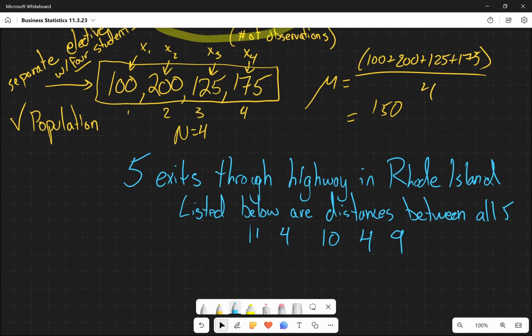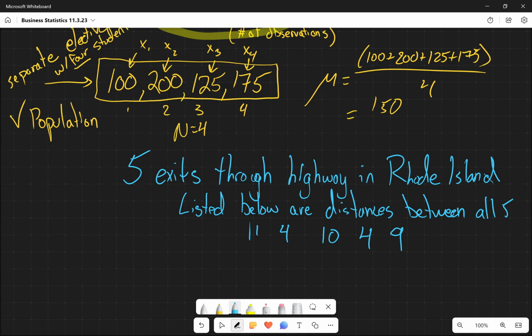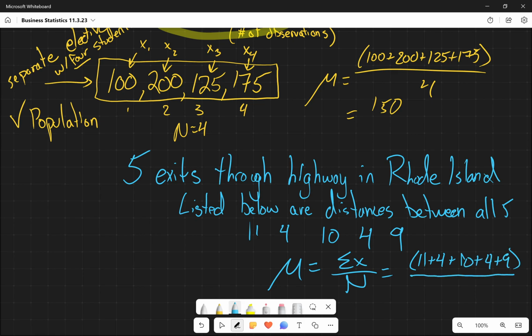And so calculating the population mean of this is going to be equal to 11 plus 4 plus 10 plus 4 plus 9, divided by 5. That's 38 divided by 5, 7.6.